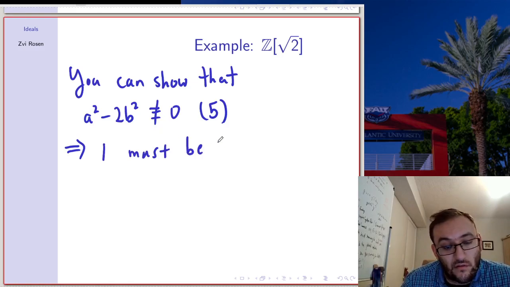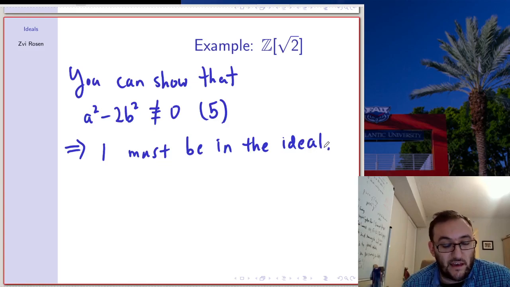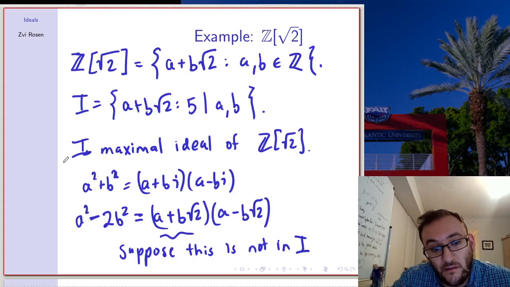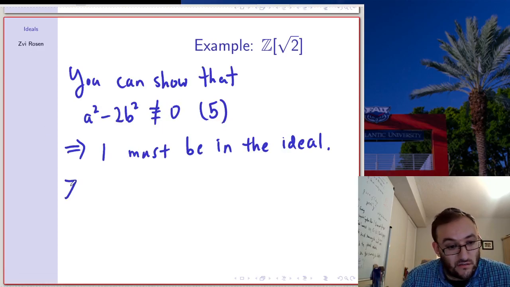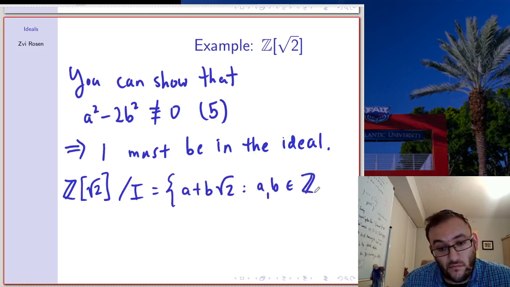So that means that your ideal must be maximal. Okay, and when you quotient out, because clearly the quotient by this ideal has a plus b root 2, where a and b are elements of Z5, this is a field with 25 elements.